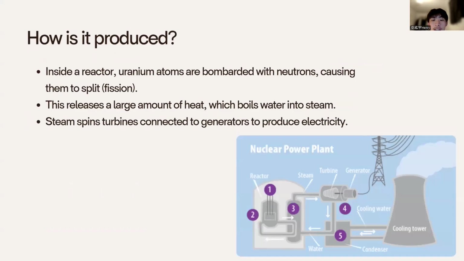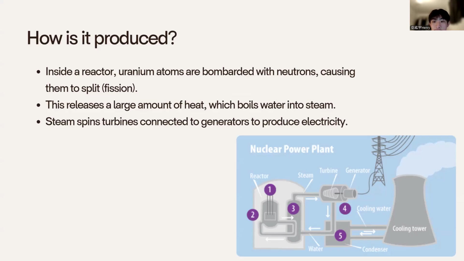And how it is produced. Nuclear energy is produced in reactors. Inside these reactors, uranium atoms are bombarded with neutrons, which causes them to split. It is a process known as fission. This fission releases a huge amount of heat, which turns water into steam.